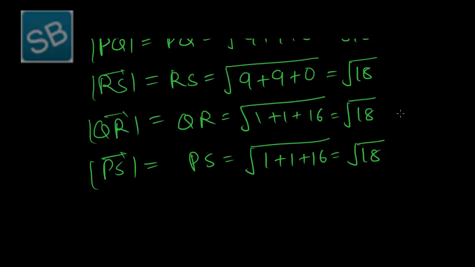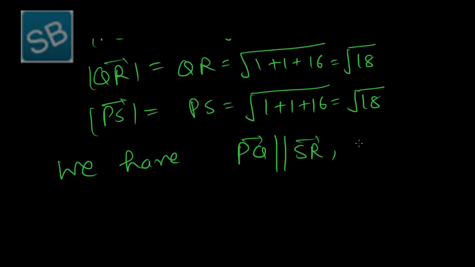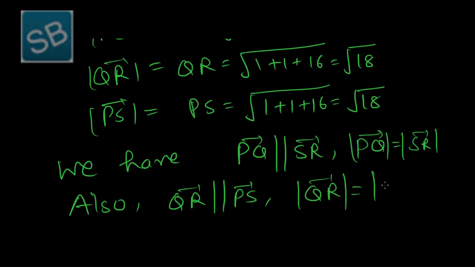As we see, all 4 lengths are equal. As PQ is parallel to SR and the length of PQ is equal to the length of SR, and also QR is parallel to PS and the length of QR is equal to the length of PS vector.